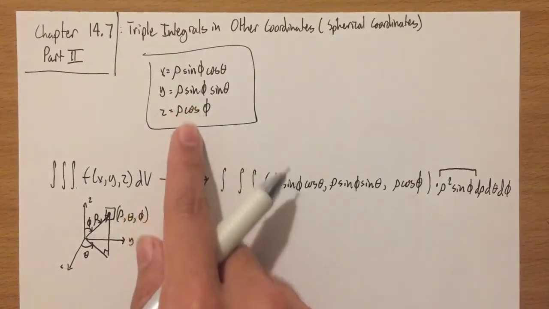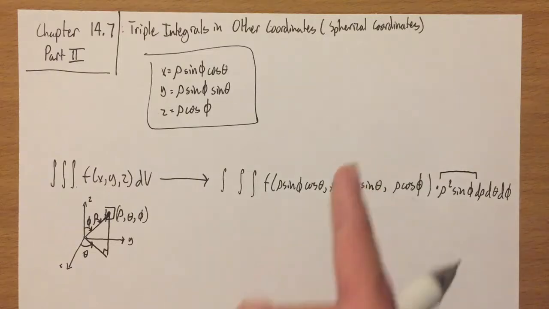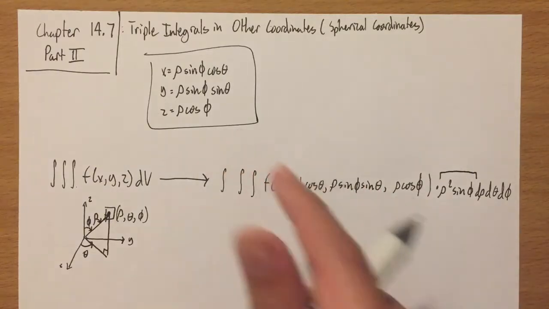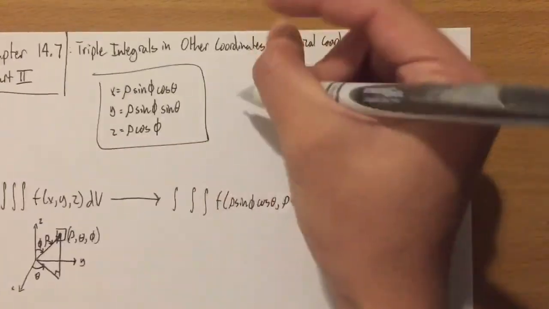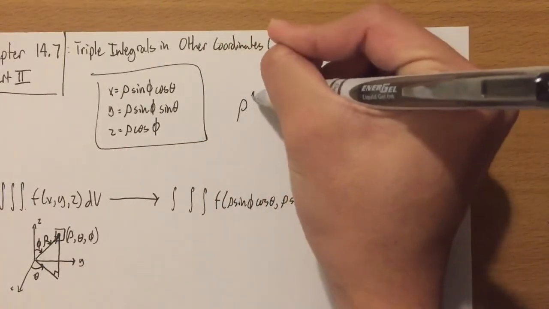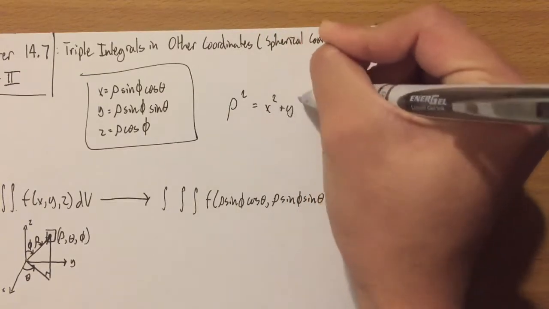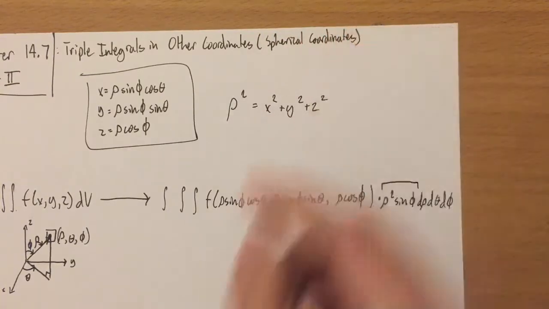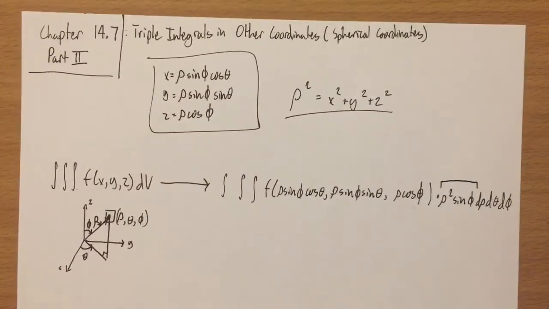So these three equations right here will be the most important when converting equations from Cartesian to spherical coordinates. And I also forgot this: rho squared equals x squared plus y squared plus z squared will also be very important when deciding how to use spherical coordinates.